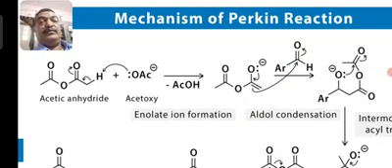The proton of acetic anhydride undergoes reaction with OAc, that is CH3COO. So AcOH is formed by protonation removal, and that will form the anion of this kind, right? So you will get CH3COO-CO with a minus and double bond CH2.